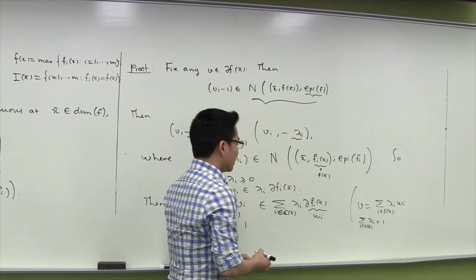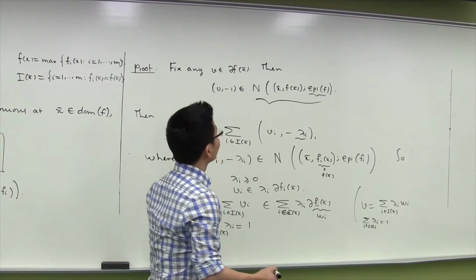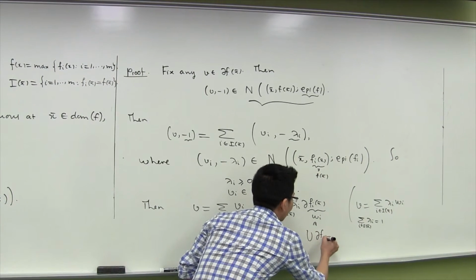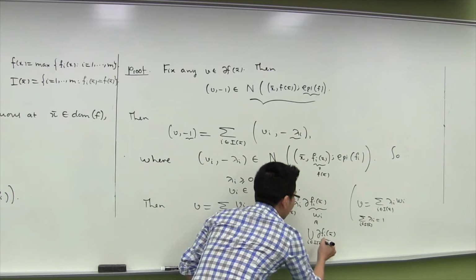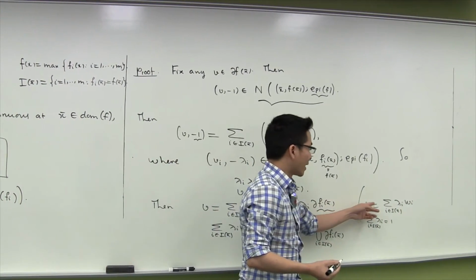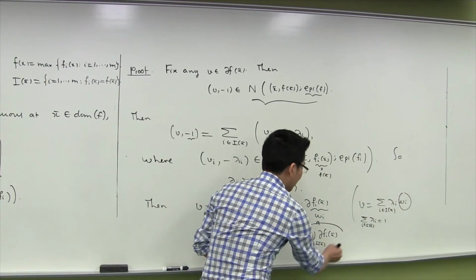Now, because each wi is in this subdifferential, it is in the union of the subdifferentials of fi of x bar, where i runs in I of x bar. Okay. So now v can be represented as a convex combination of elements in this union.